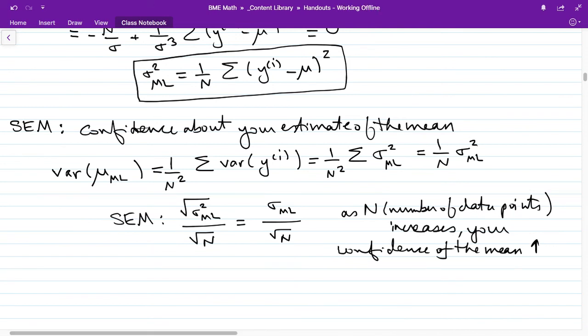So let me stop to see if you have any questions about this. Does it make sense? Yeah. So how would this work for an exponential distribution?